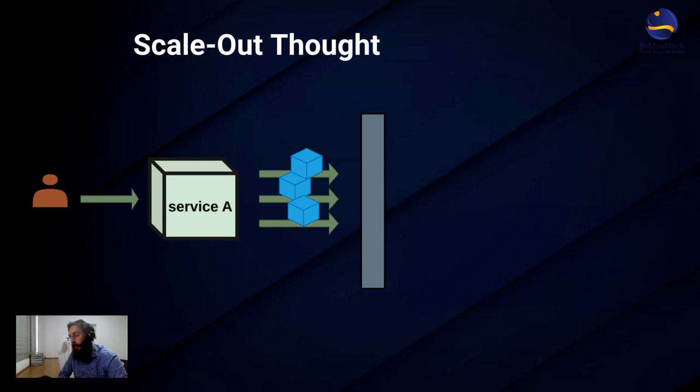Why? Maybe service B is in another infrastructure with fewer CPUs or less memory, I don't know. So it is important, in order to achieve that processing, to scale out service B. And what does scale out mean? How can we improve this architecture?